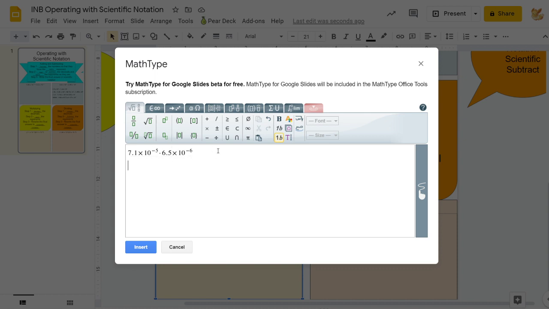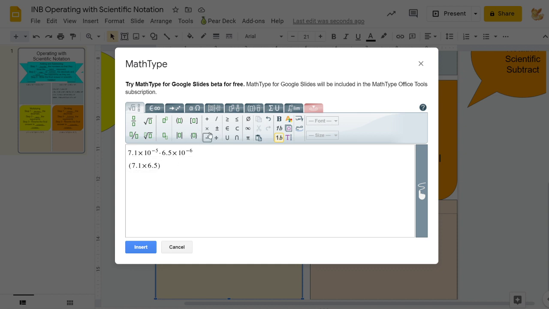So you can do the whole thing where you decide, oh, let's put them into standard form and do it that way. However, since there is no need for the exponents to be the same, all you end up doing is just multiplying the decimals. So, almost forgot my parentheses. So 7.1 times 6.5.